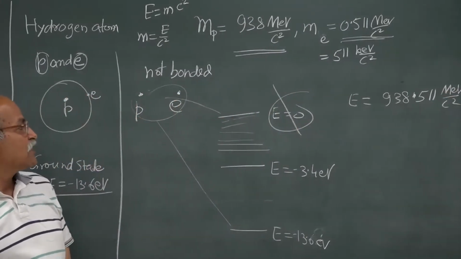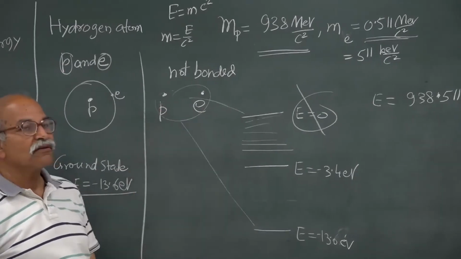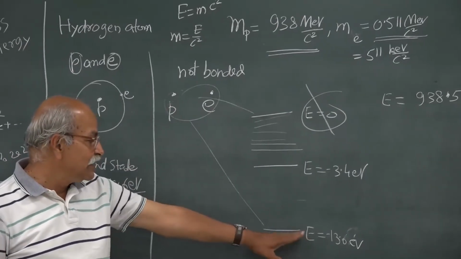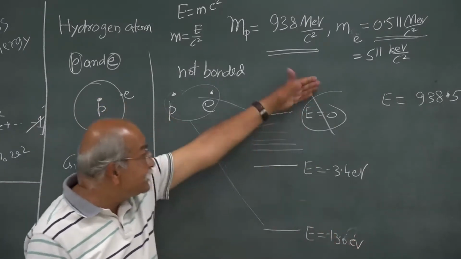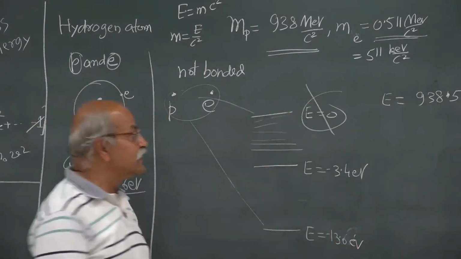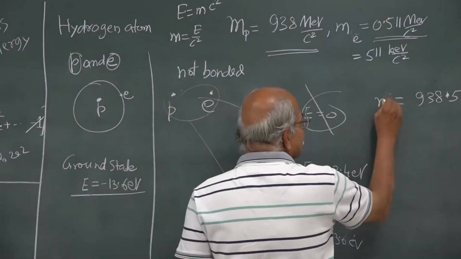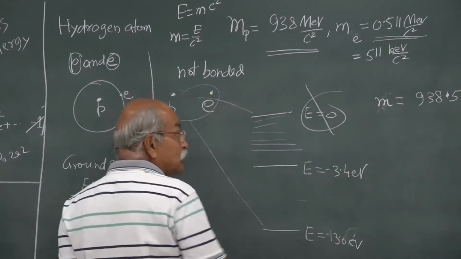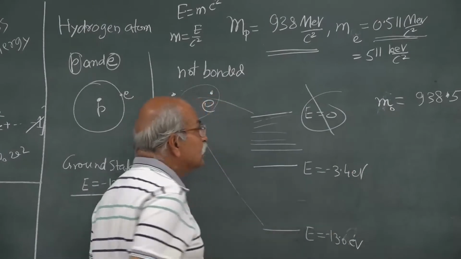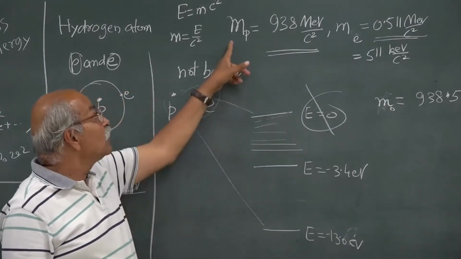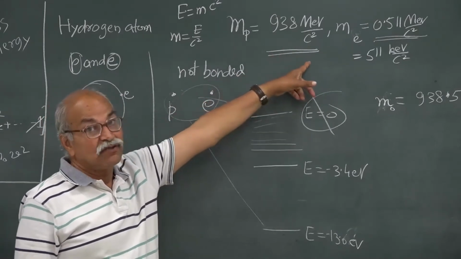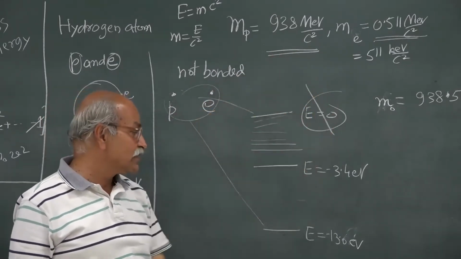The sum of rest mass energies of proton and electron, then this energy will be 13.6 eV less than this energy. So, mass will accordingly, okay, this I am writing mass, M naught, rest mass. This proton is at rest, this electron is at rest, this is all rest mass. So, rest mass is this much.